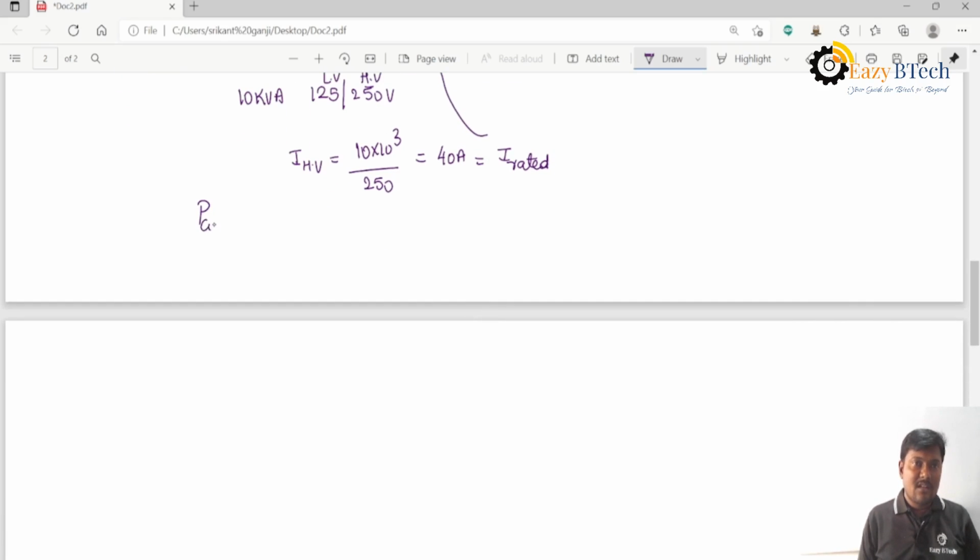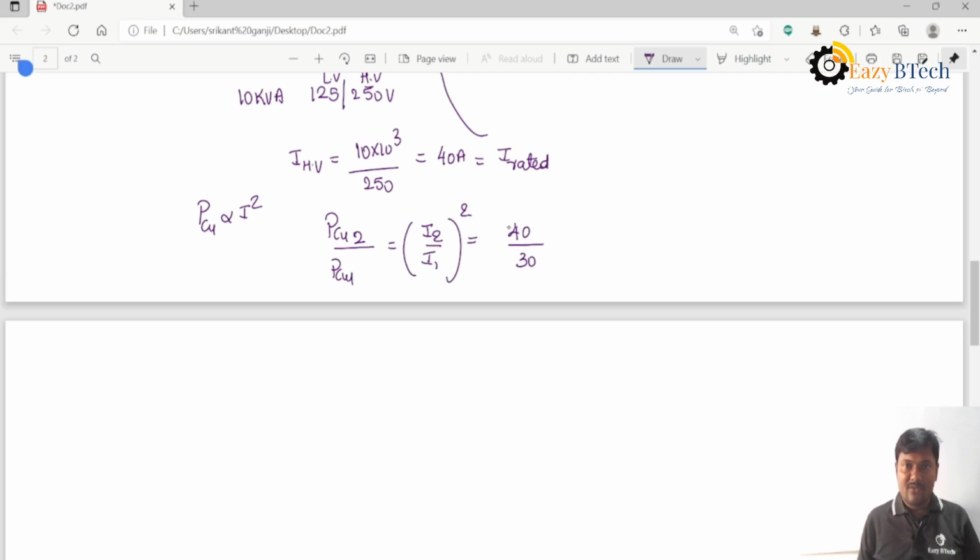Copper losses are directly proportional to I square. So copper loss 2 divided by copper loss 1 is equal to I2 divided by I1 whole square. We have to calculate for 40 amperes, 40 by 30 whole square, and this copper loss 2 is the copper loss at full load.